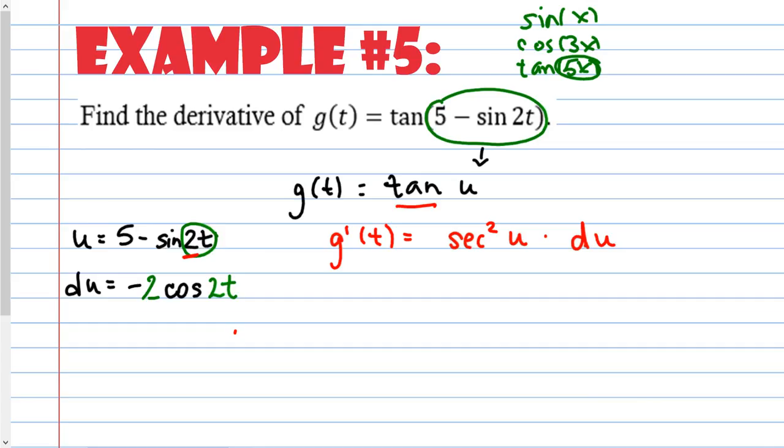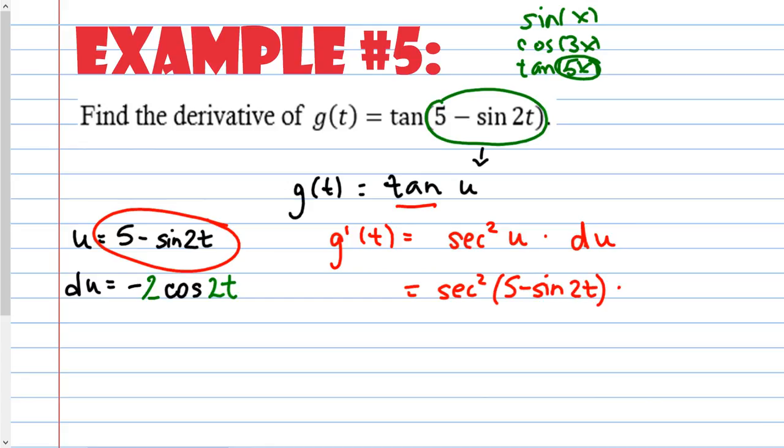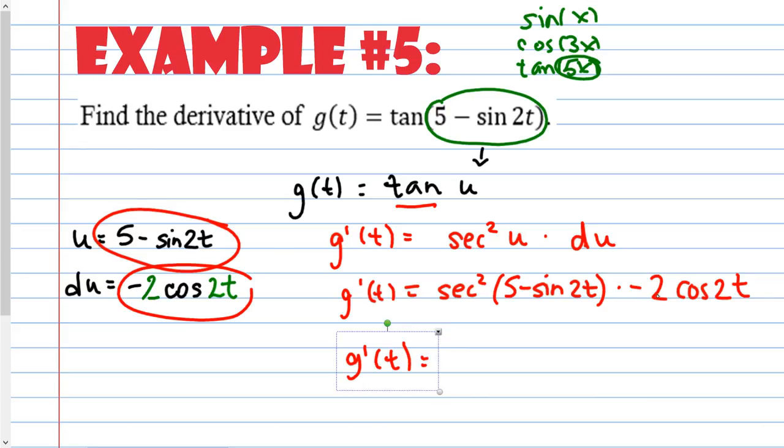Okay, we have our pieces, right? So hold on a second. All right, cleaned it up some. So we have our pieces. Here's u, right here. So secant squared of 5 minus sine 2t times du, and here's du, negative 2 cosine 2t. And then the only thing I would rewrite is the negative 2 would come to the front.